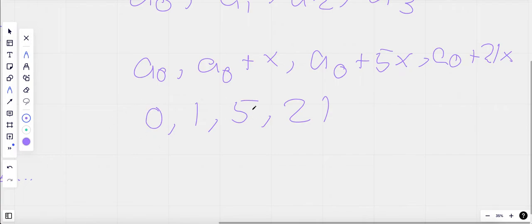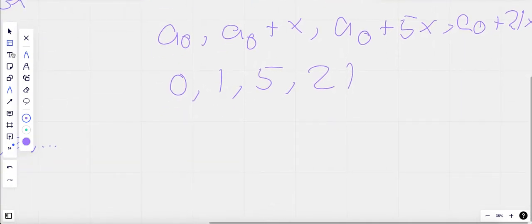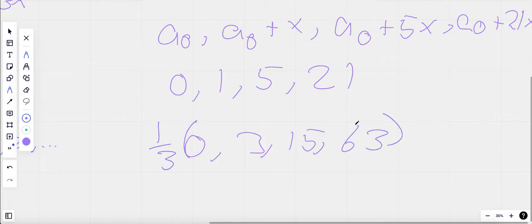So, in this case, we want to see what this is representative of. To get this sequence, we can multiply each of these terms by 3, and then you'll get 0, 3, 15, 63. And we're going to take a third of this because we want to maintain the original.